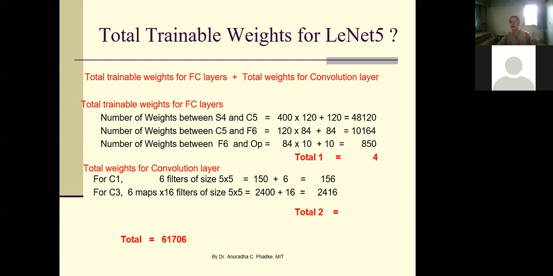This is in spite of weight sharing, because we apply the same filter over the entire image, so we are sharing those weights. Even so, the computational complexity of a convolutional neural network is very high, because with this simple example you might have understood how computationally intensive it is.